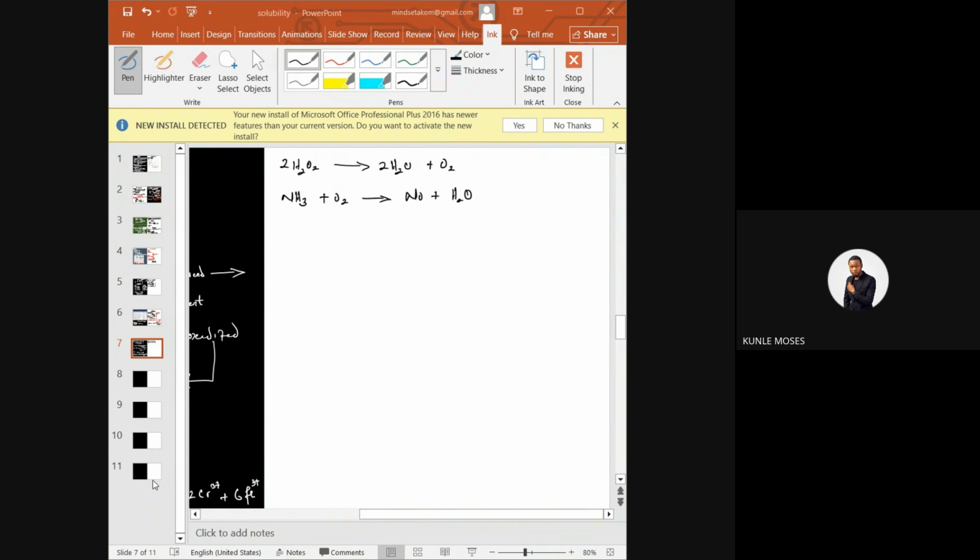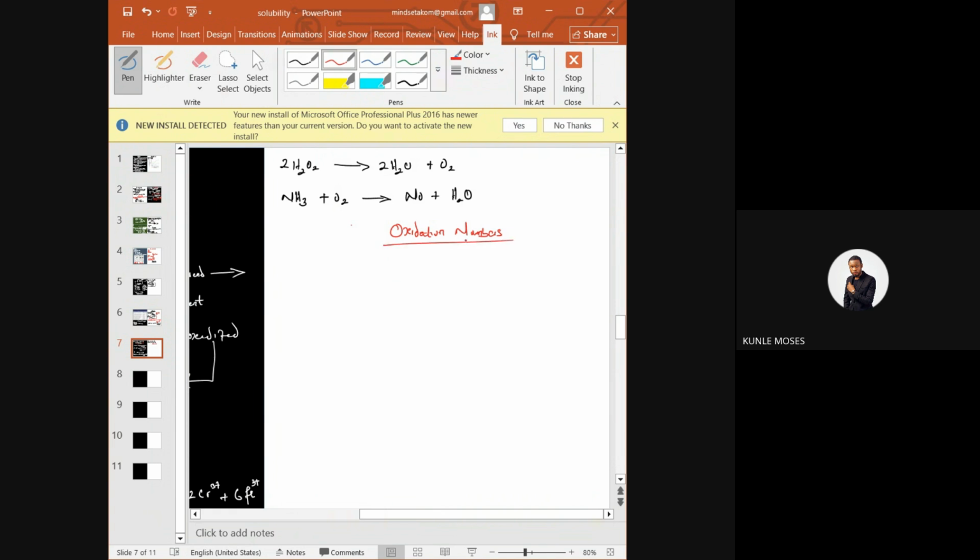You have to be fast with this one. These are the rules for assigning oxidation numbers.